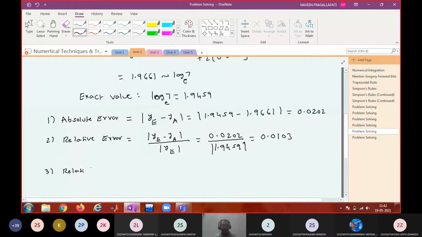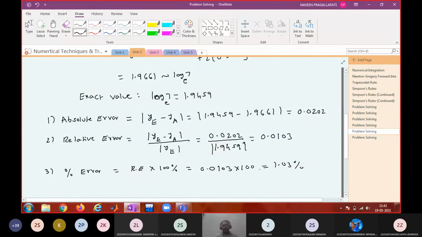Sorry, percentage error. Relative error into 100% equals 0.0103 into 100, equal to 1.03%.